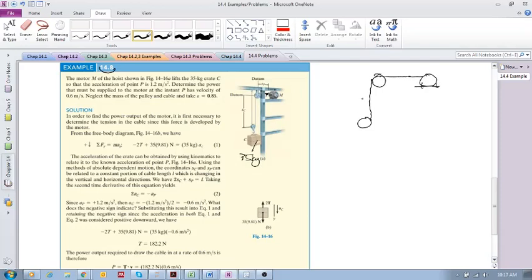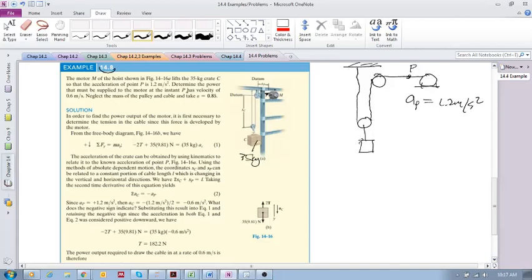Okay, there's the motor, and that goes up. It's attached like that, and you've got the crate there. Okay, so this is point P. So point P has an acceleration. So acceleration of P is 1.2 meters per second squared. Determine the power that must be supplied to the motor at the instant P has a velocity of 0.6.